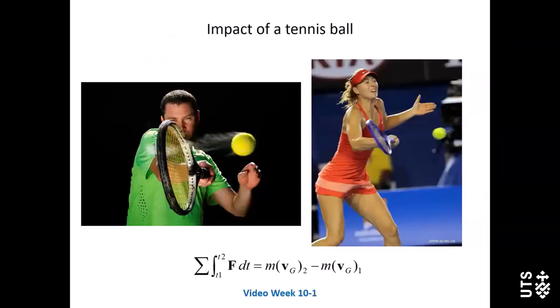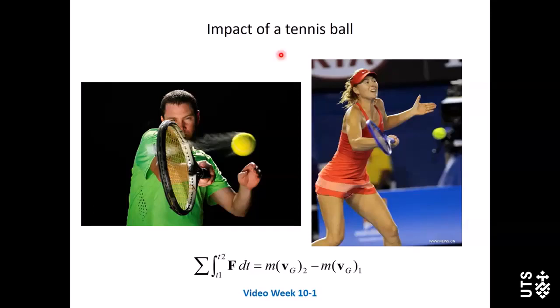Now, a few examples that can be related to impulse and momentum. The first one here is impact of a tennis ball. We know the mass of a tennis ball is not large.